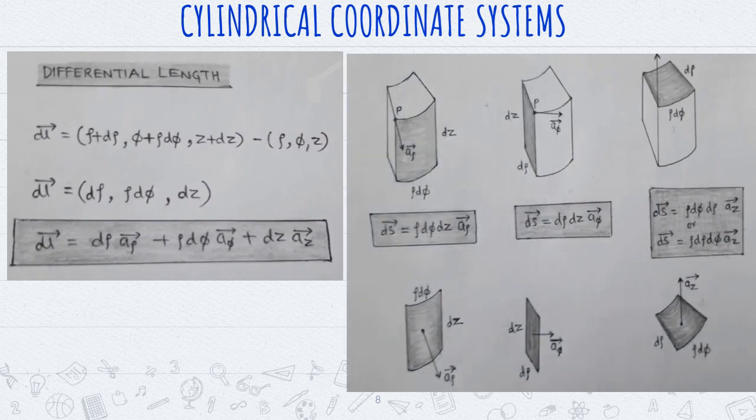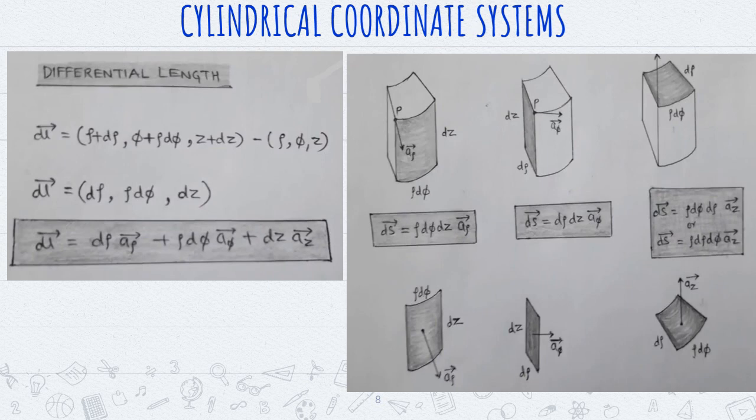Now comes the differential surface of the cylindrical coordinate system. As I told you in my previous lecture, the differential surface is nothing but the combination of two sides. Surface is nothing but the area element, so the area is the multiplication of two sides. Here we have three directions, so we have three formulas of differential surface.